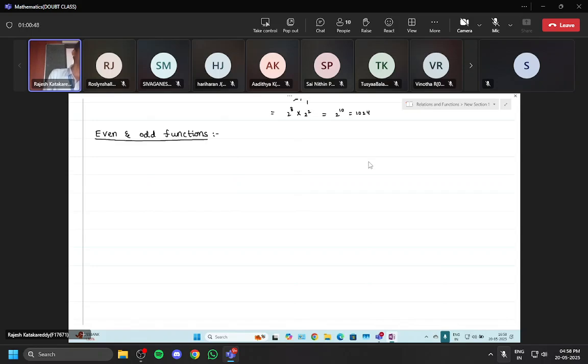Now here, even and odd are not opposite to each other. There are some functions which are neither even nor odd. Function can be even, function can be odd, or function is neither even nor odd. Here we will say first is for even function. It can't be both, but there is one function which is both. Can you tell me a matrix which is both symmetric and skew symmetric?